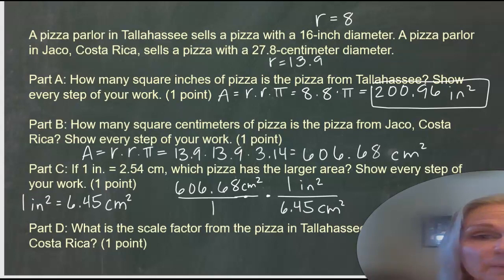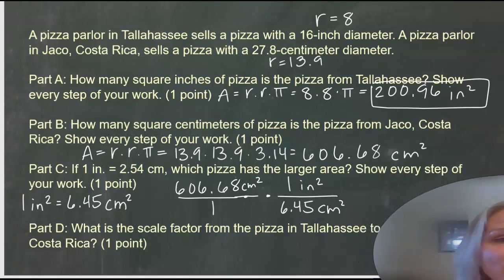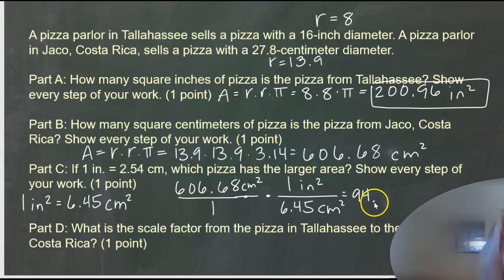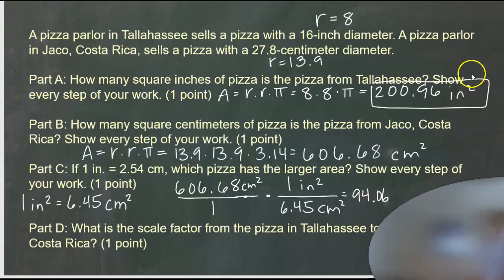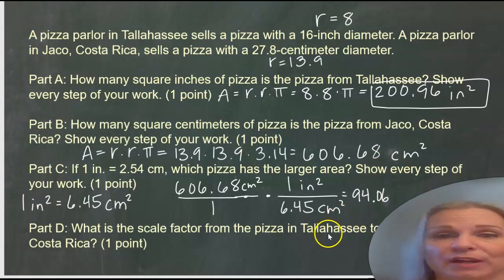So hold on, let me move this over a little bit. All right, so I get 94.06, right? That is my area in square inches. So this pizza is smaller, right?